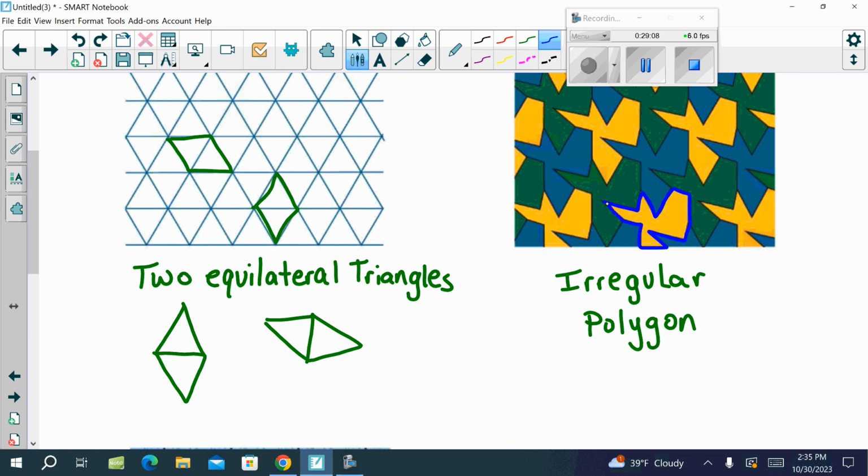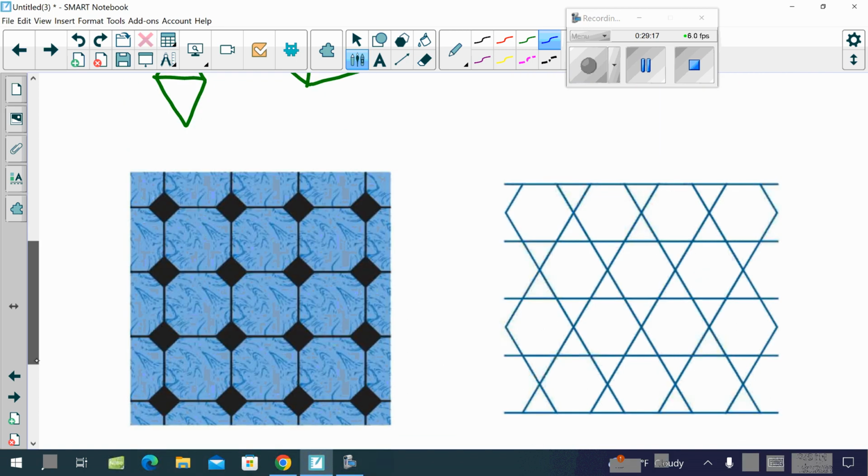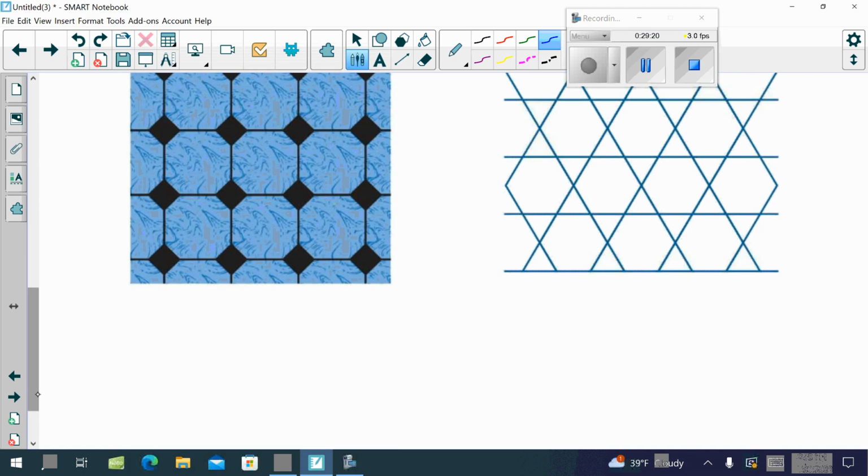That guy. Okay. And then the next one, you needed a square and yeah, it's like a square with corners plus this little diamond guy. 1, 2, 3, 4, 5, 6, 7, 8.